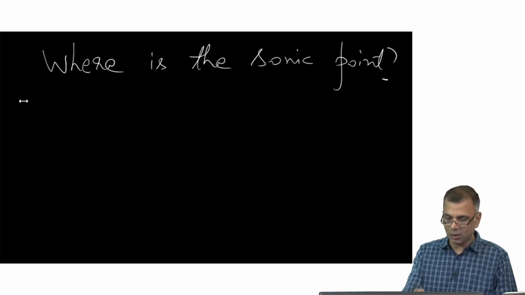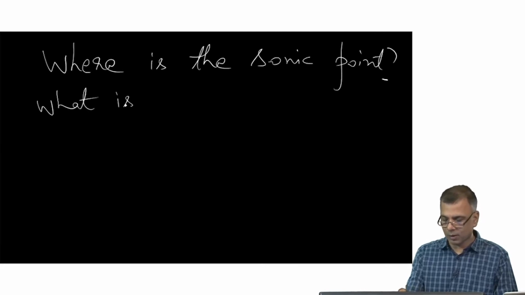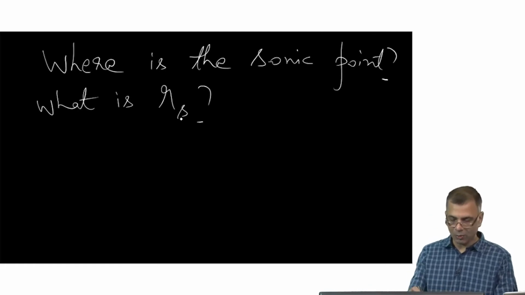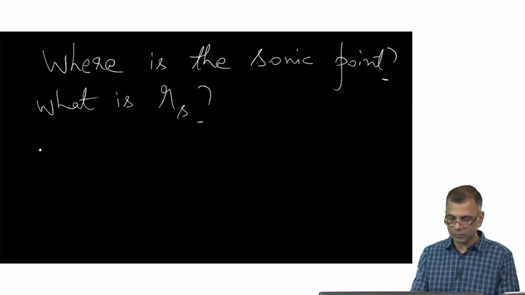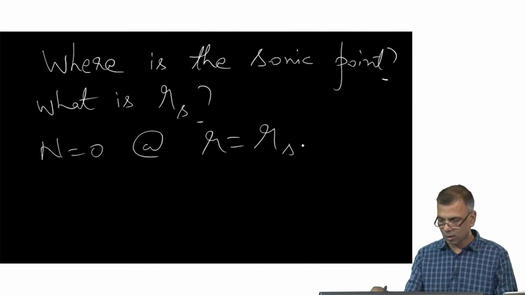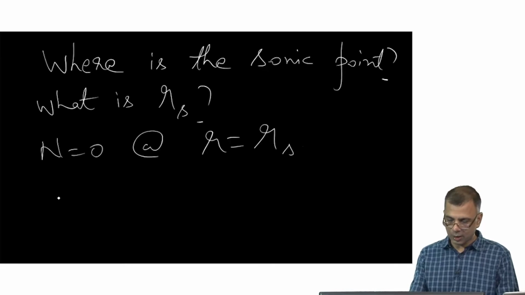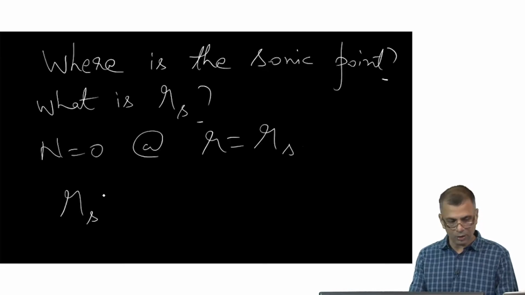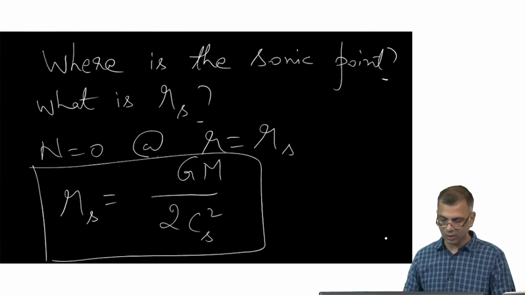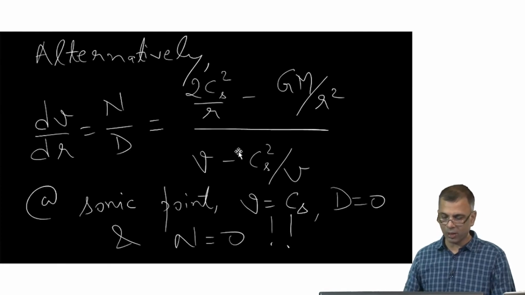In other words, Rs is that place where the numerator becomes 0, in other words, Rs is equal to GM over 2Cs squared. You can see this directly from here.